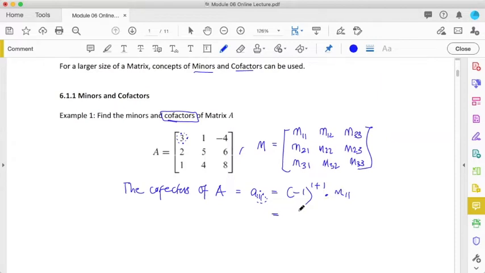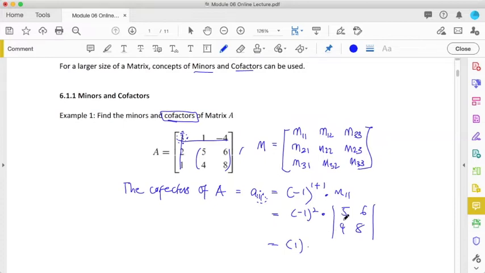To find M11, we cover row 1 and column 1. So you have this small matrix left here, which is 5, 6, 4, and 8.